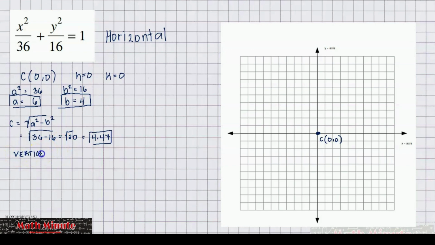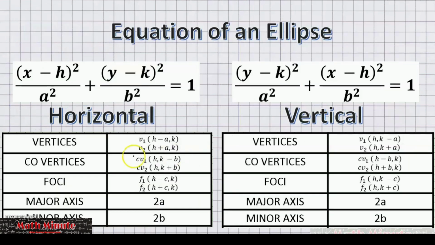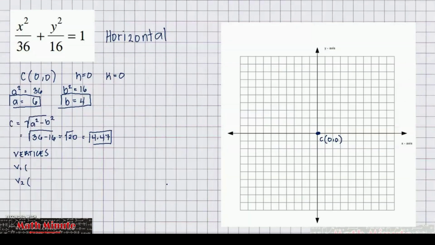Next will be finding out the value of your vertices. For the vertices, we have V sub 1 and V sub 2. And since we are dealing with a horizontal ellipse, we will use these formulas. For V sub 1, what you are going to do is copy your h first.